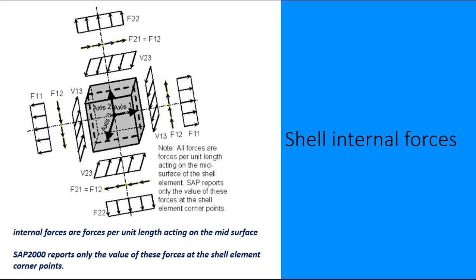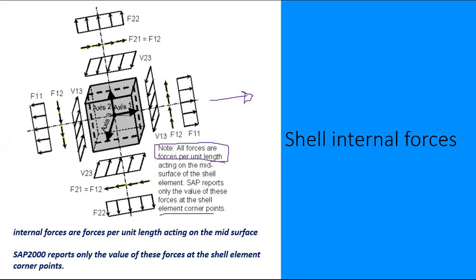Next, we'll discuss what F11 and the other terms are. This is axis 1, this is axis 2, and this is axis 3 coming out of the plane. F11 always means the force, not stress. All these forces are forces per unit length at the mid surface, calculated at the corner points.